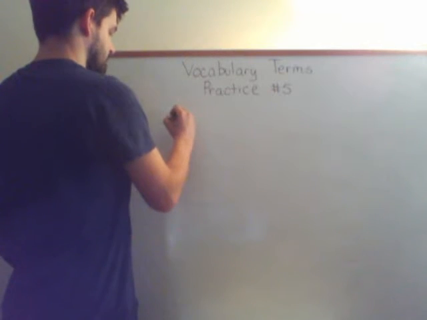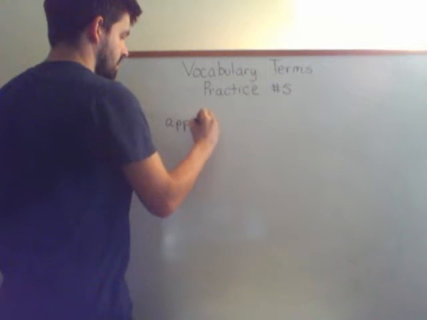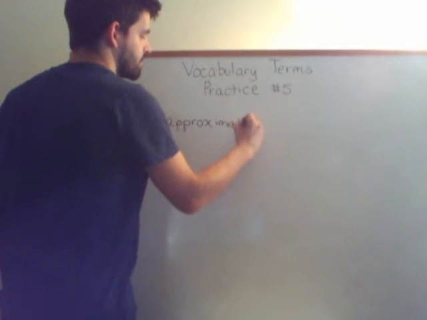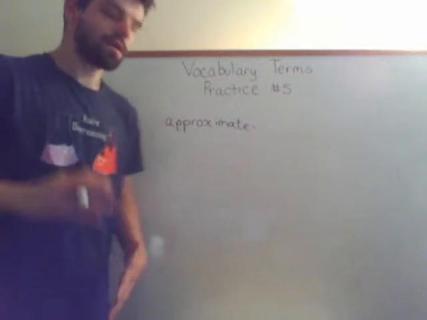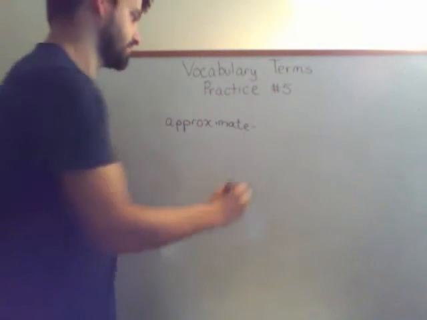Our first word today is the word approximate, and approximate is spelled A-P-P-R-O-X-I-M-A-T-E. Now the definition of approximate is close to the actual but not completely accurate or exact.